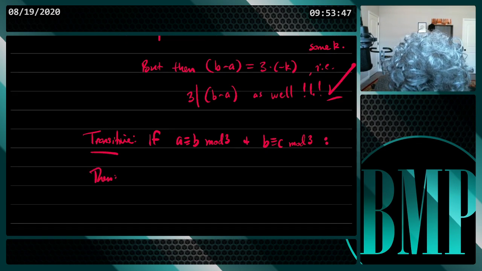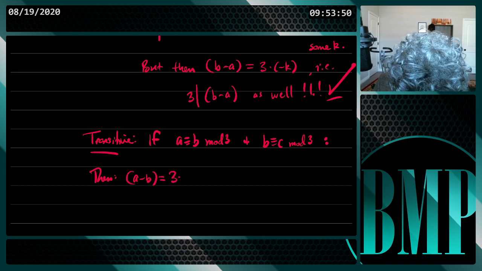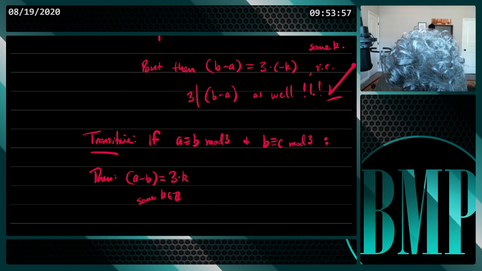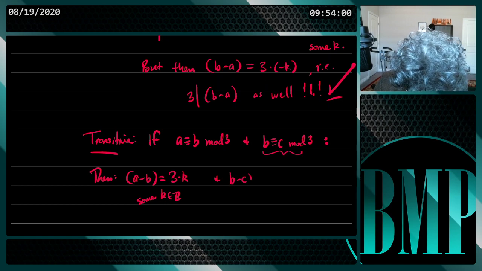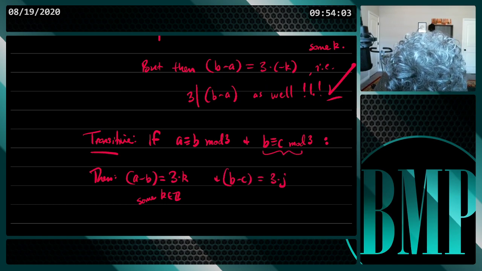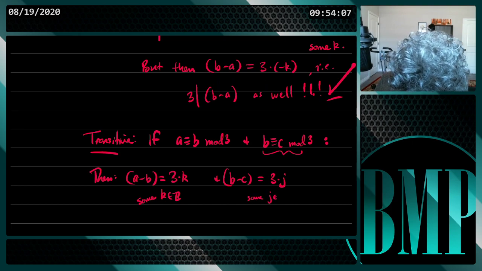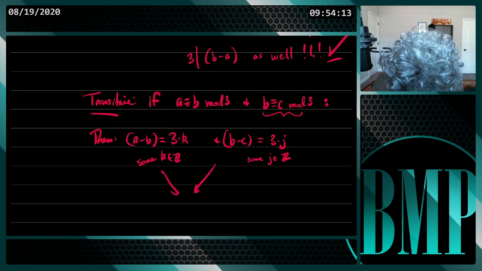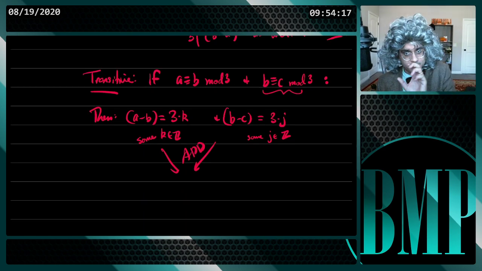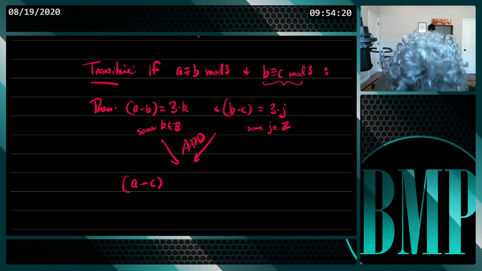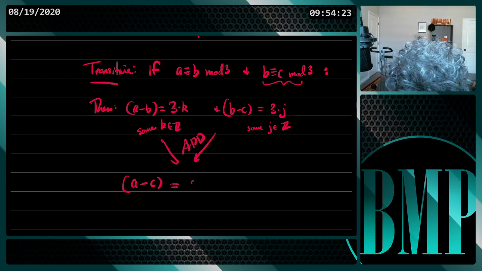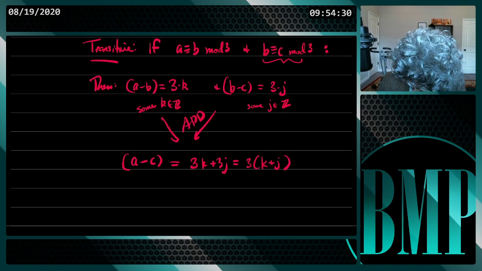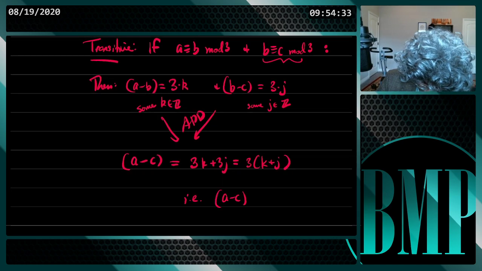A minus B is 3 times K for some K in Z. And this one means that B minus C is 3 times J for some integer J. But then, if you add these two, you get A minus B plus B minus C, so A minus C on the left-hand side is 3K plus 3J, which by factoring means 3 divides A minus C as well.